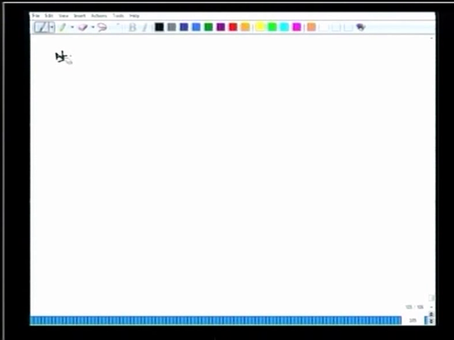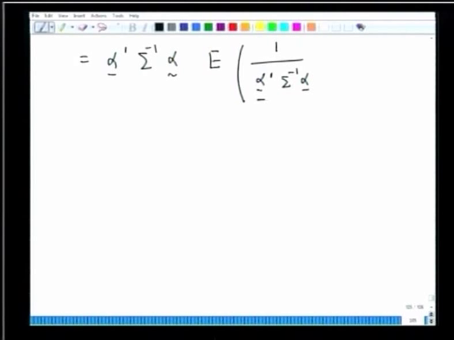So we can just write that this expression is equal to alpha prime sigma inverse alpha, and then expectation of 1 upon alpha prime sigma inverse alpha divided by alpha prime A inverse alpha.